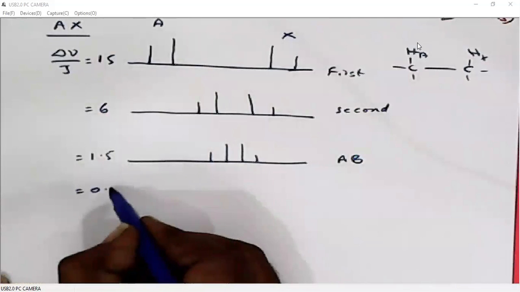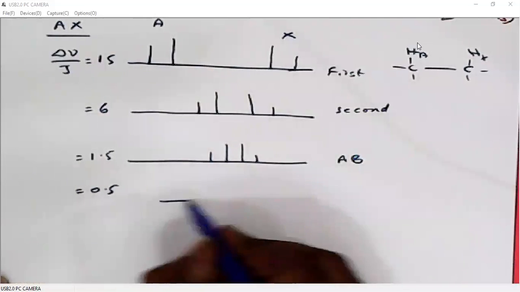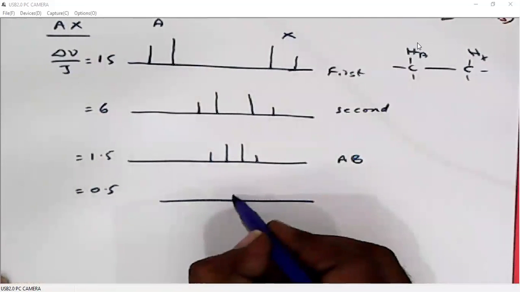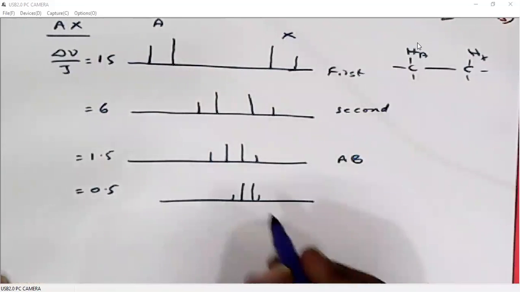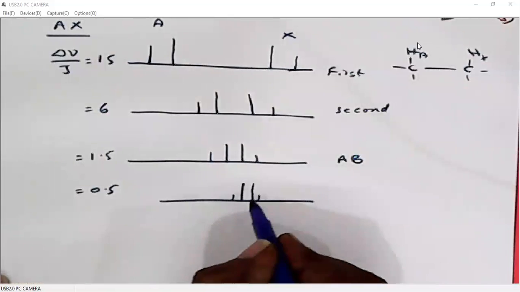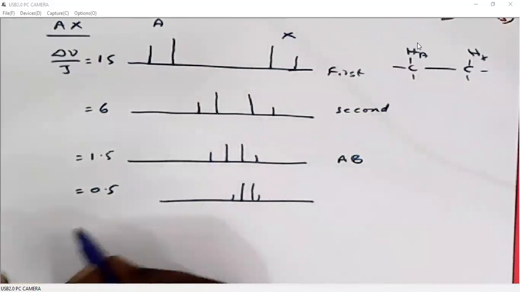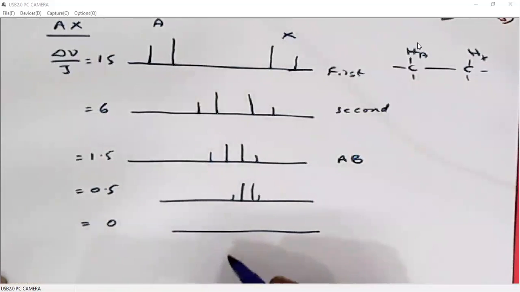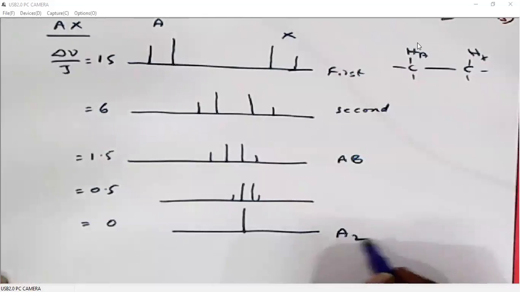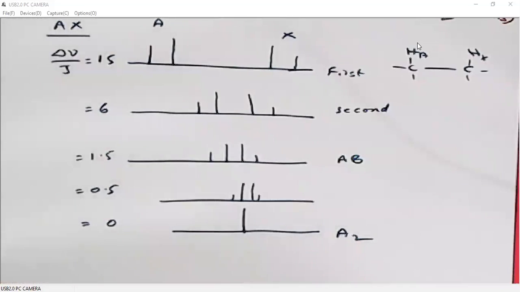If we further decrease it to 0.5, what will happen? The multiplet becomes even more complex, in the sense that the center multiplet becomes stronger. If the difference is 0, then we can clearly see a singlet. That time it is called A2. Why is it called A2?